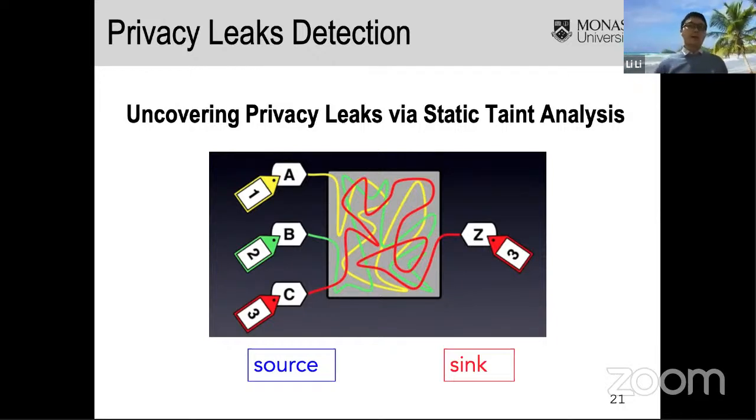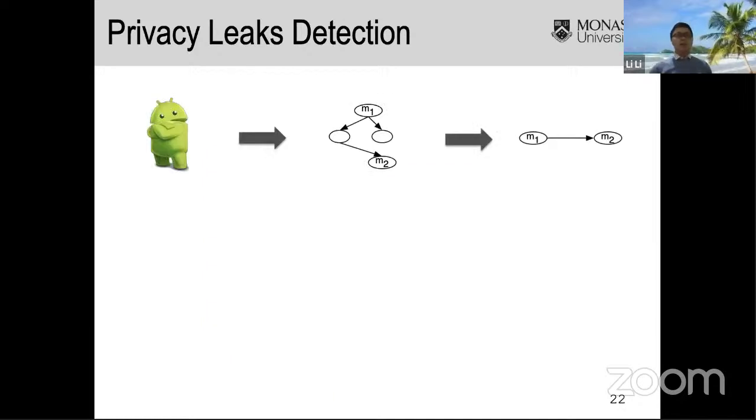In the Android app analysis domain, the idea is that given an Android app, it first builds a call graph, and then traverses the call graph to find such sensitive data flows. The basic idea of Droids is quite straightforward.